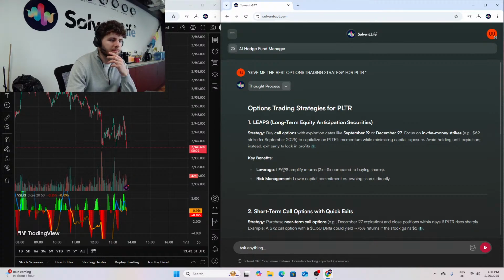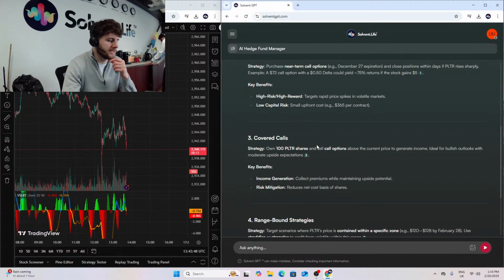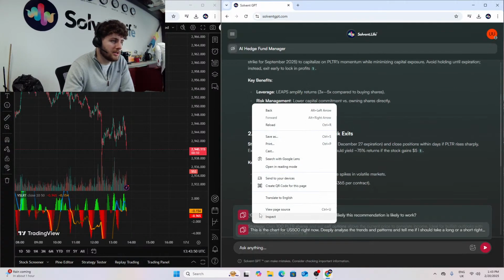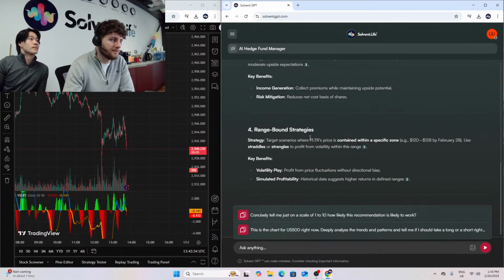Fantastic. And then covered calls. So the strategy is own 100 Palantir shares and sell call options above the current price to generate income. This is ideal for bullish outlooks with moderate upside expectations. Fantastic. So that's what it recommended for us today. Of course, we can ask for any more that will be applicable.